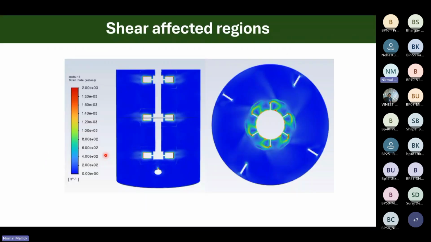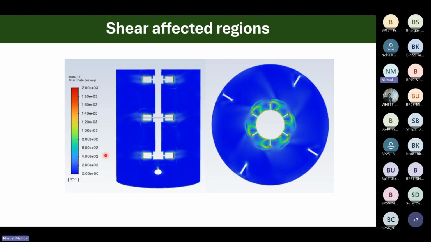And next you can see the effect of shear. When you are growing some cells inside a bioreactor or in the fermenter, the major part that is affected is shear resistance, right? The cells have some shear resistance. If you put higher shear, the cells may burst. That is a very difficult thing in mammalian cells as compared to microbial cells. Usually in microbial cells, it is not recommended to go beyond 300 rpm.